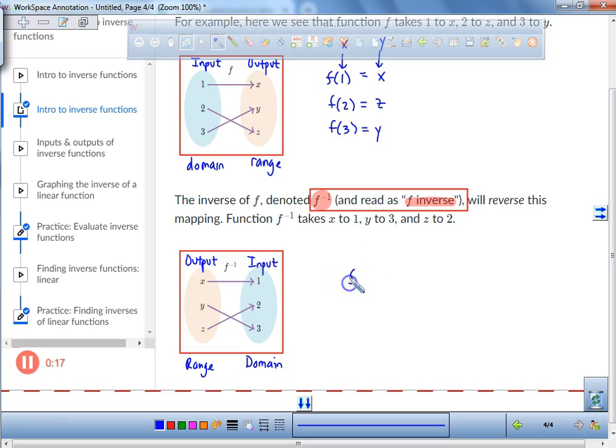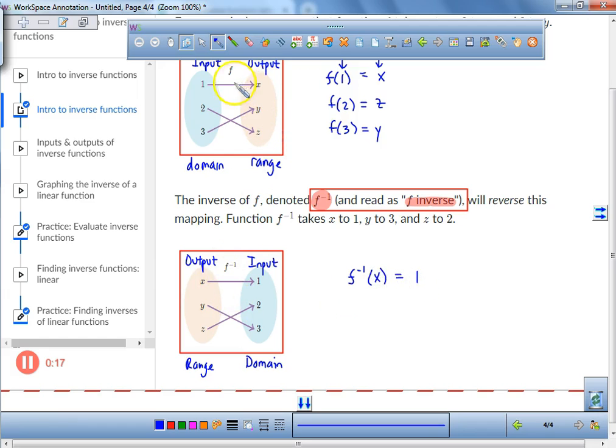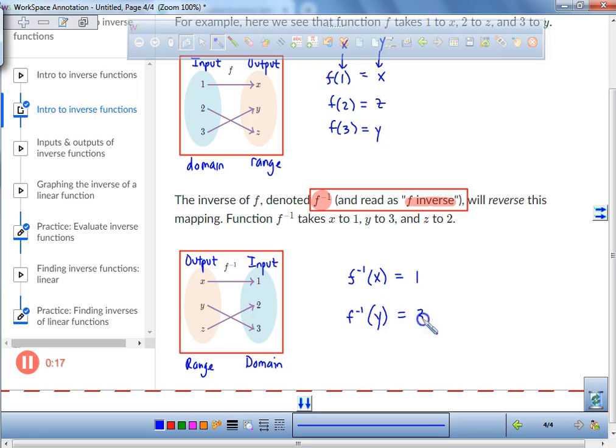So if I say, what is the f inverse of x? And that is equal to 1. So now we're going from our outputs back to our inputs. If I say, what is the f inverse of y? We would say that's equal to 3.